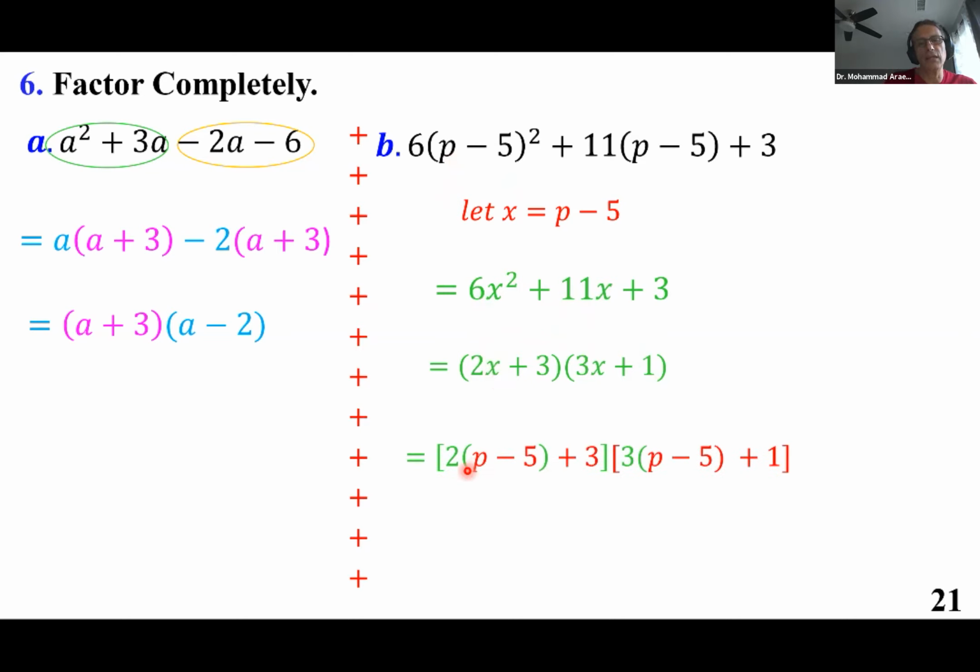When you do that here, you get 2p minus 10 plus 3 here, 3p minus 15 plus 1 here, and you add up like terms, you get 2p minus 7 times 3p minus 14.